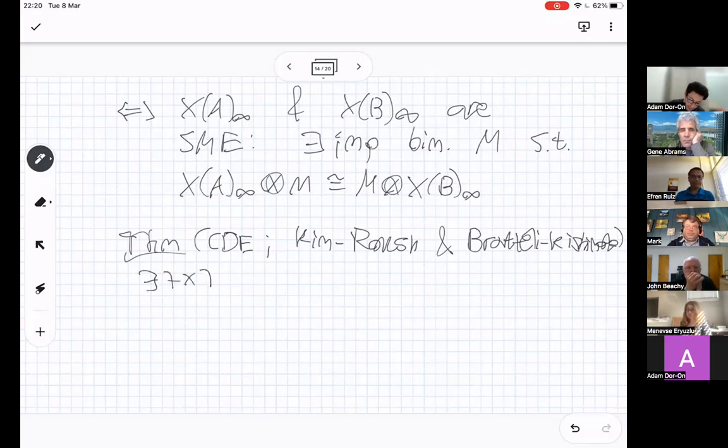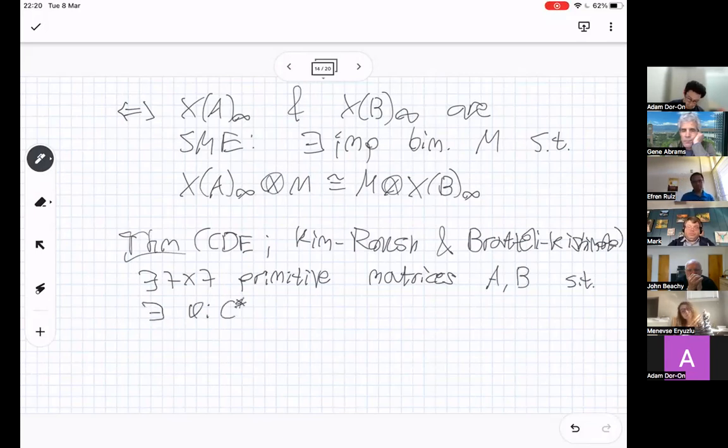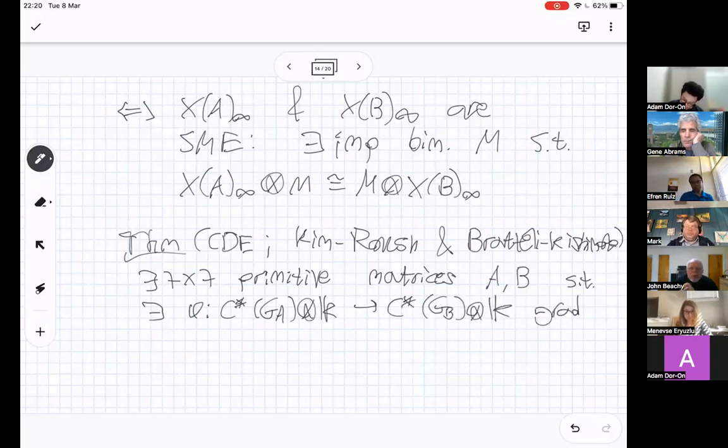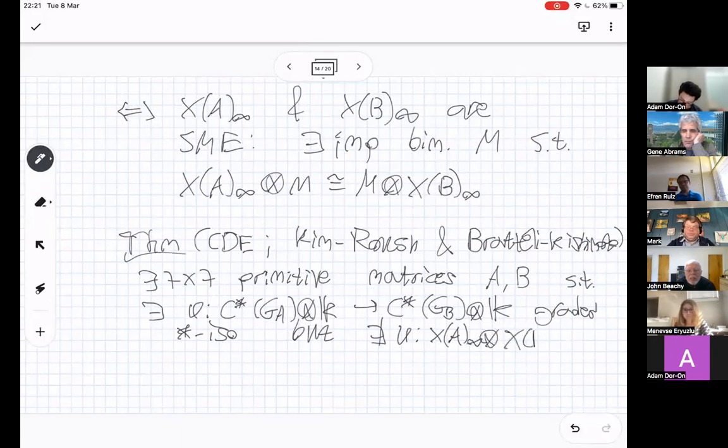So there exist 7x7 primitive matrices, both 7x7, A and B, for which there exists a graded stable star isomorphism, but there does not exist a unitary from XA infinity tensor XR infinity to XR infinity tensor XB infinity.